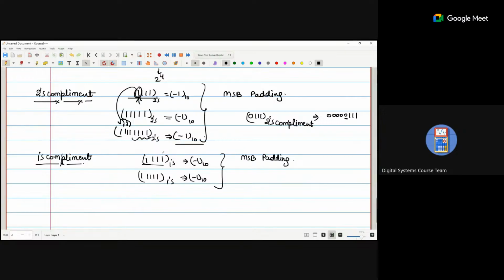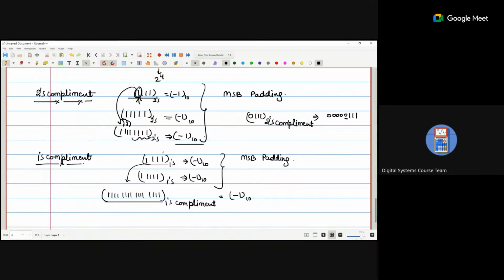If the data is given and I have to convert it into 16 bits, what should I do? Add 12 bits in the MSB. 4 is the data, 111, so that is your 16-bit data. That is also -1.